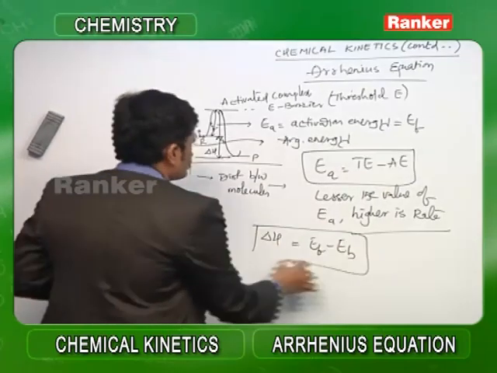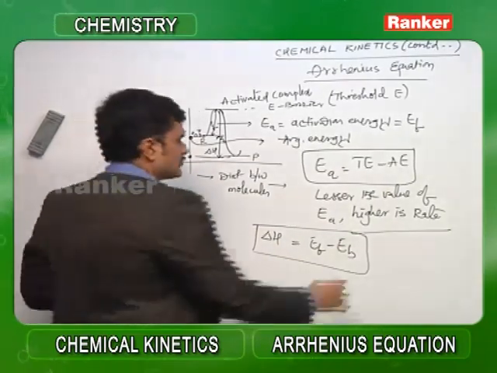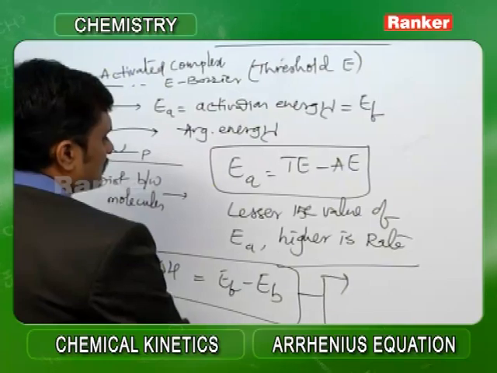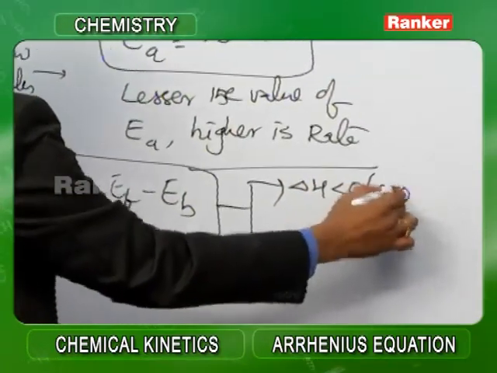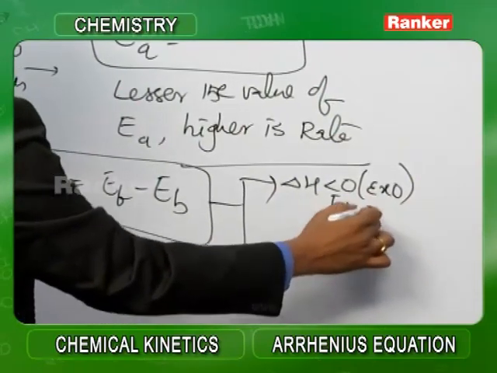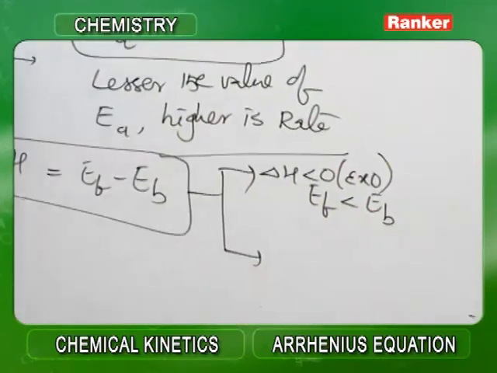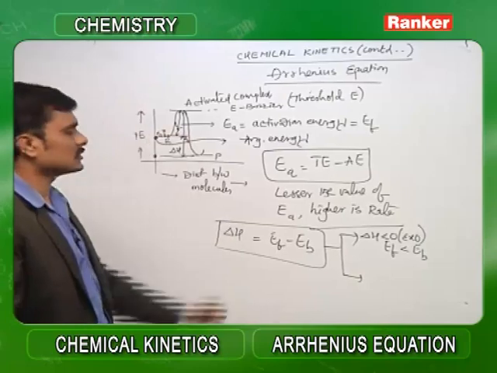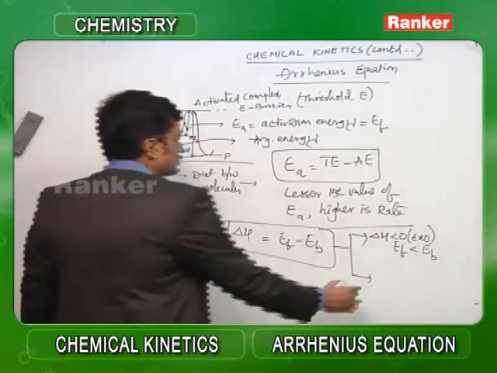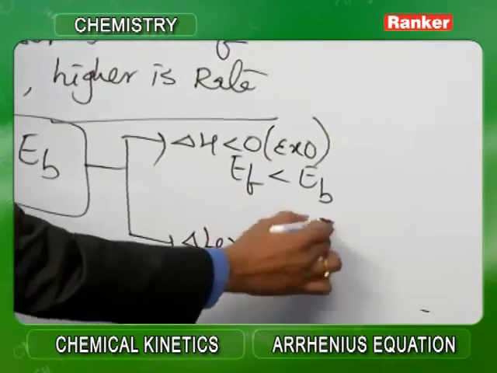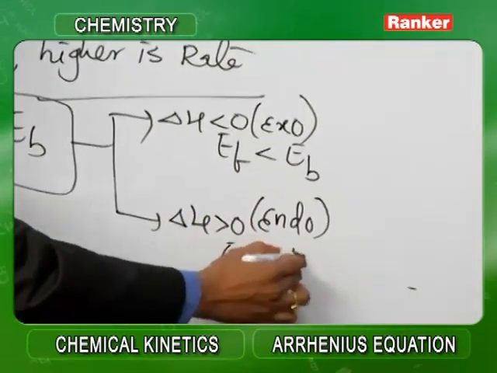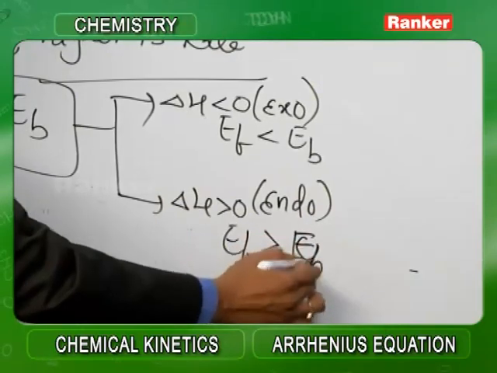You know there are two types of reaction, one you call exothermic, the other endothermic. If delta H is less than 0, heat is released, and obviously the EF value is less than EB. This particular case we can see on the board. Whereas in the other case, where delta H is greater than 0, the EF value is greater than EB.